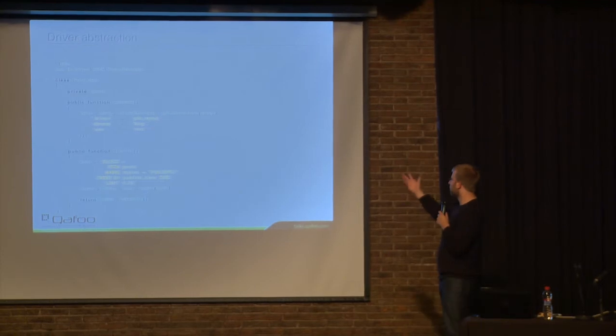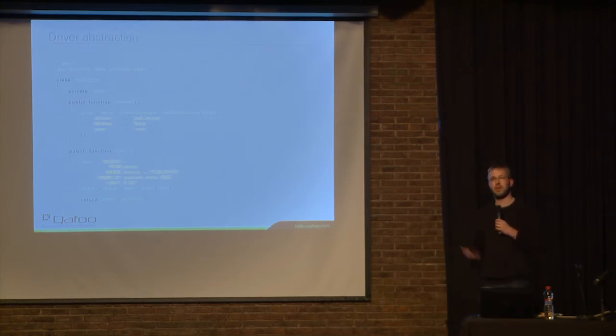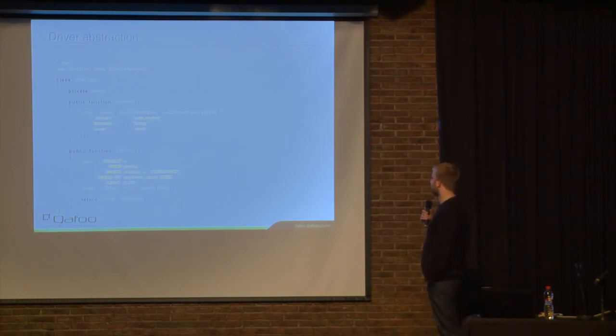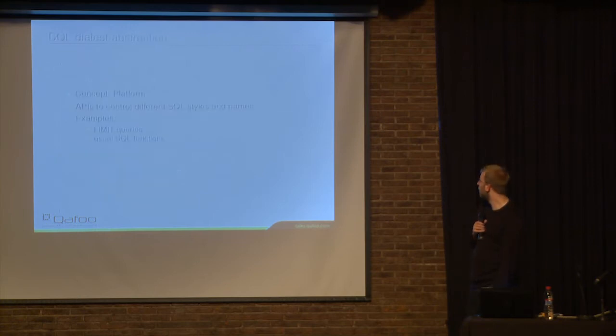Instead, you're using the so-called driver manager class, and you call the function getConnection there and pass it some information, like if you use PDO. So there's a very, very simple abstraction to create these driver classes. Everything else looks the same. You can execute queries, and as I said before, it looks exactly like PDO works. And this is essentially it for the first kind of abstraction.